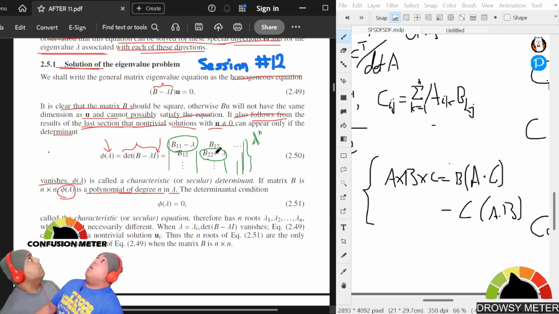Do you also get a lambda to the n minus 1?